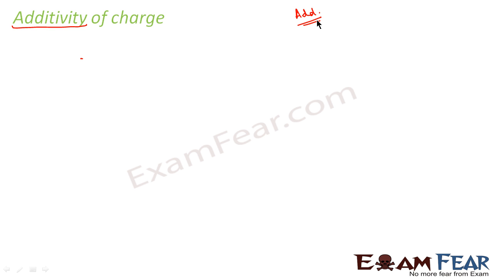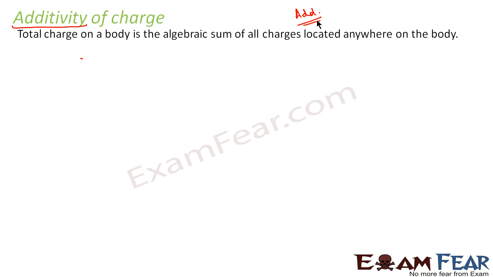It is nothing but simple addition of all the charges. So the total charge on the system will be Q1 plus Q2 plus Q3 plus Q4. So this property says that the total charge on a body is the algebraic sum of all the charges located anywhere on the body.